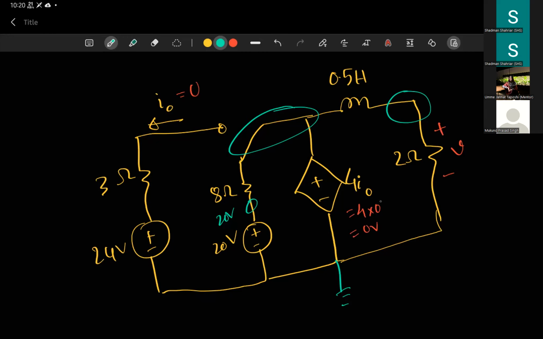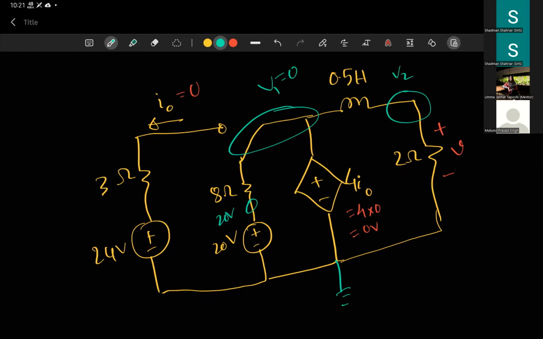Sir, if the top is V1 and the bottom is V0, then V1 minus V0 is 0. Yes, 0. This is 0, right? That's what I'm getting at. So this is 0, and this is some value that we need to figure out. That should be our V, but we're interested in our IL first.